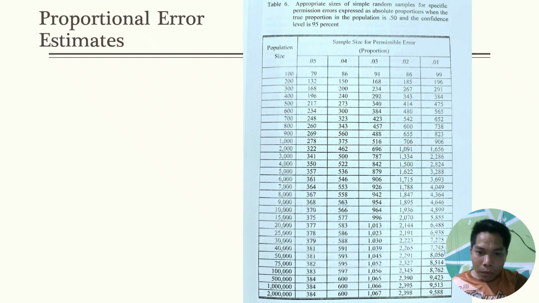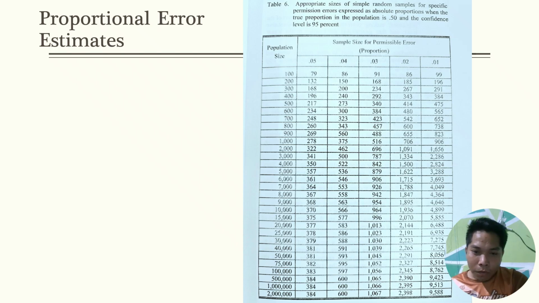But when you want a smaller proportion of error, then you need to increase your numbers.